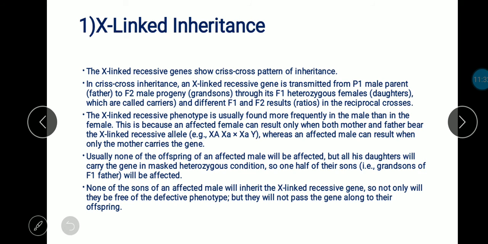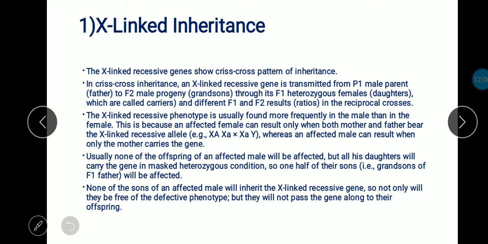The X-linked recessive phenotype is usually found more frequently in males than in females. This is because an affected female can result only when both mother and father bear the X-linked recessive alleles, whereas an affected male can result when only one carrier mother carries the gene.